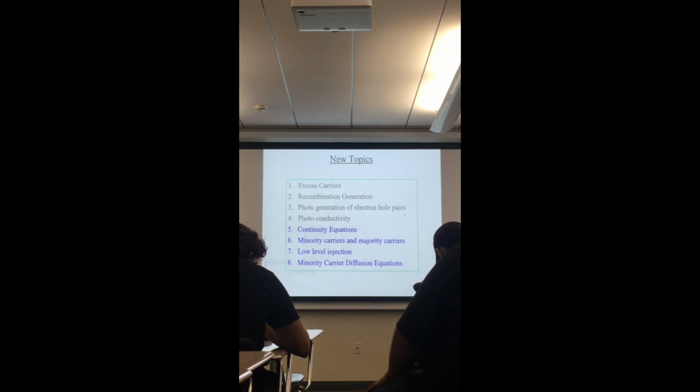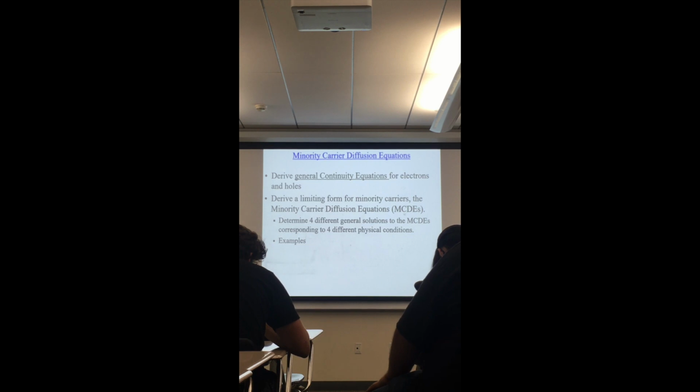Okay, so here are the new topics we will discuss today. So we have introduced this general continuity equation. Right? So we already derived this, and then we will try to derive a limiting form for minority carriers. Right? So this is the general equation.